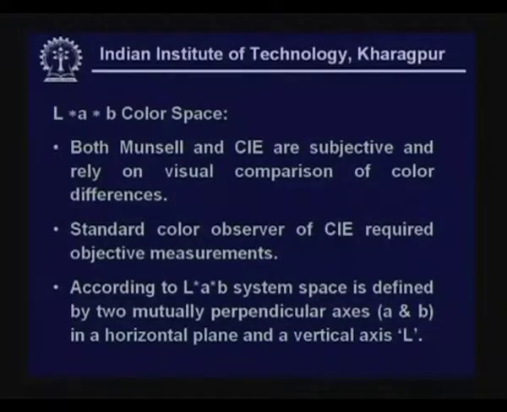Similarly, you have two perpendicular axes in the horizontal plane and a vertical axis L. So, the LAB space would have these three put together: L, A and B.